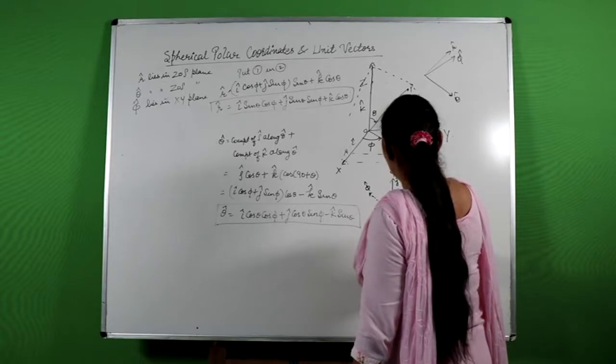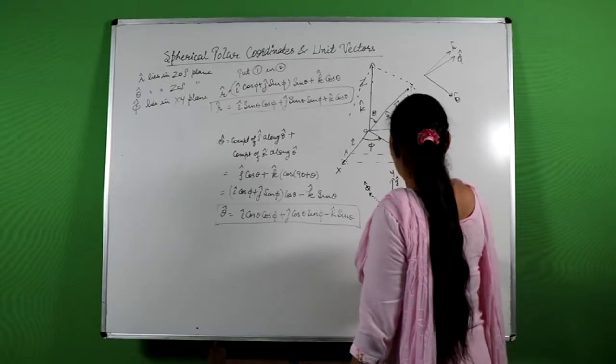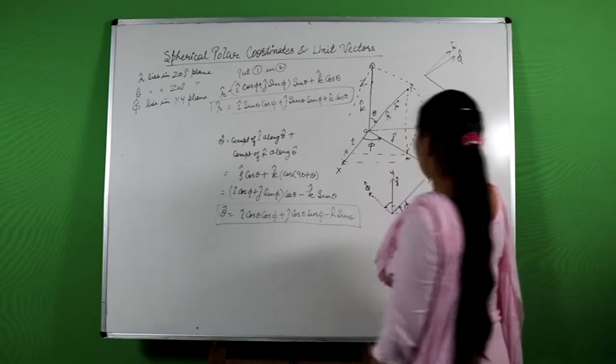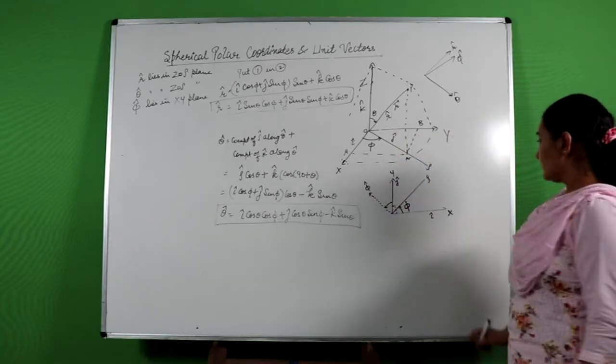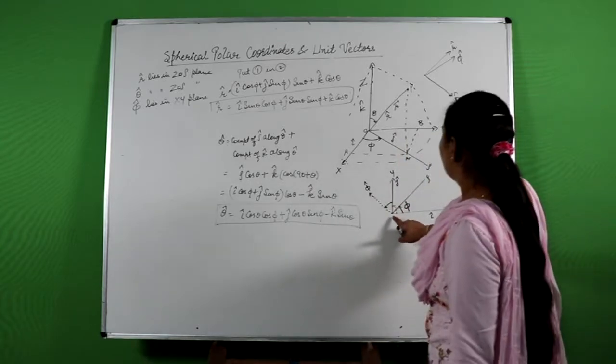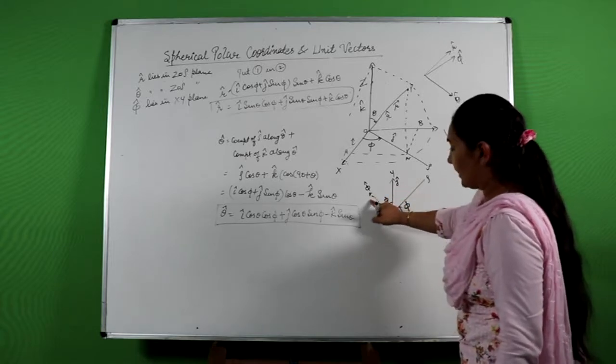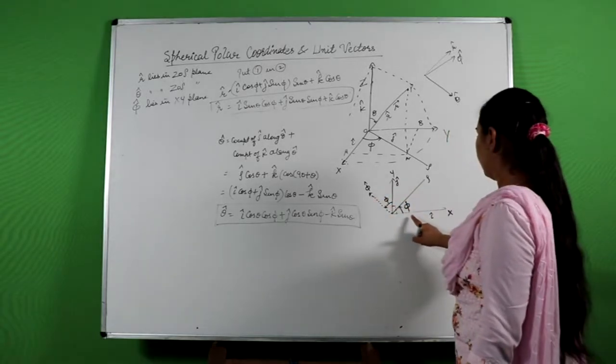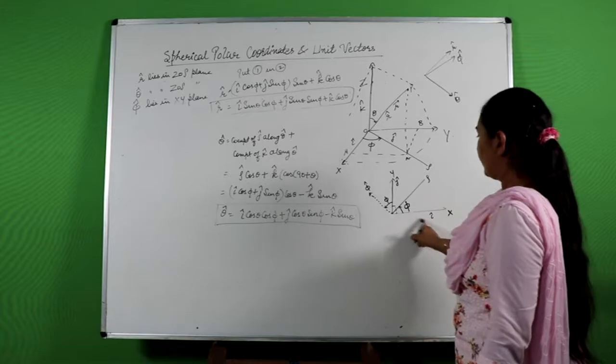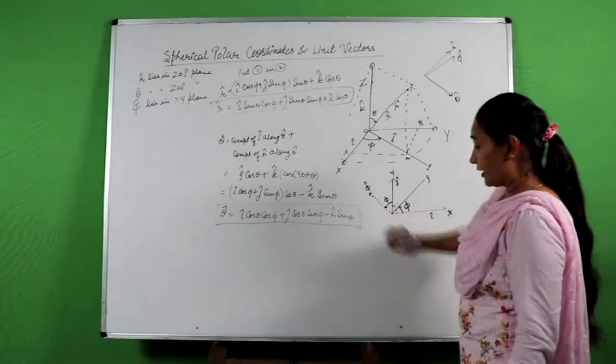Now this angle is also phi. Now I will see the angle that j cap makes with phi cap and the angle that i cap makes with phi cap.